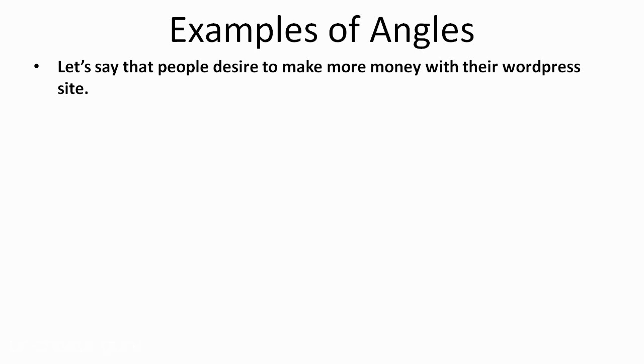Let's say, for example, that your prospects desire to make more money with their WordPress site. It doesn't matter what the angle could be. It could be gaining muscle mass, losing weight, fitness, health, relationships, whatever. But in this case, it happens to be making more money with a WordPress site.